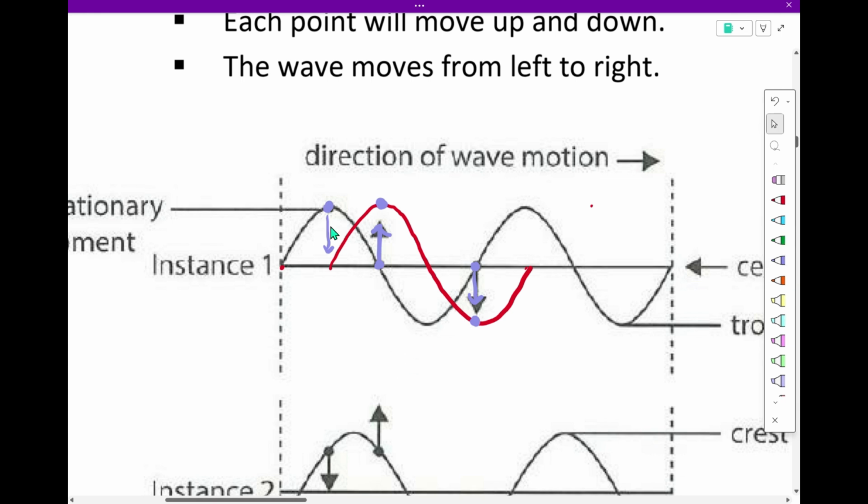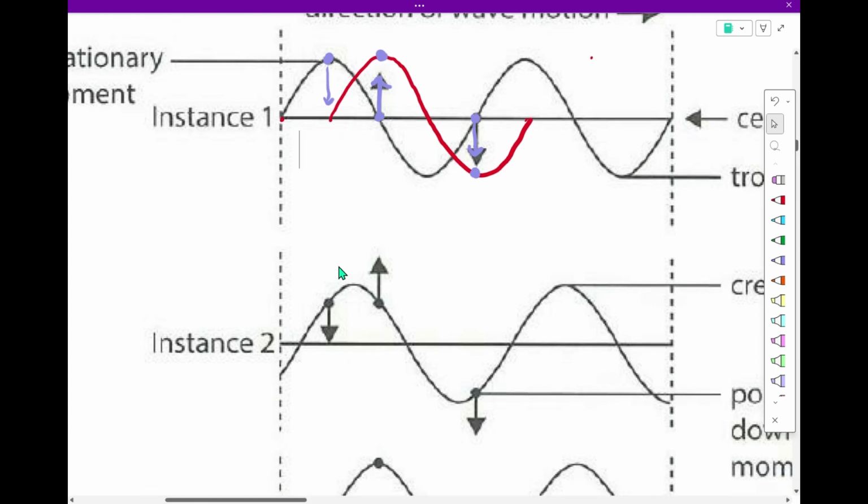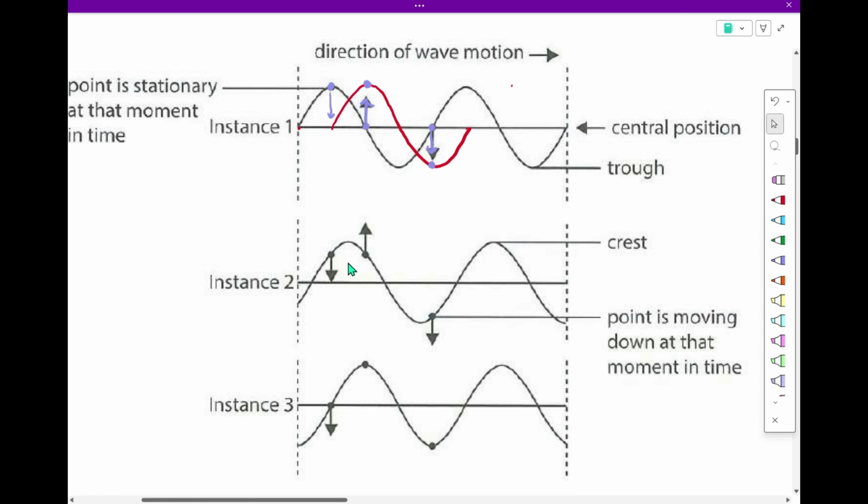So wave motion is moving to the right, whereas the particle motion, the purple ones, are moving perpendicular to the direction of wave motion. They are moving about their equilibrium position, which is at the 0 point. So you can see over here, this is what happens as the wave moves to the right. The particles interact and behave differently.